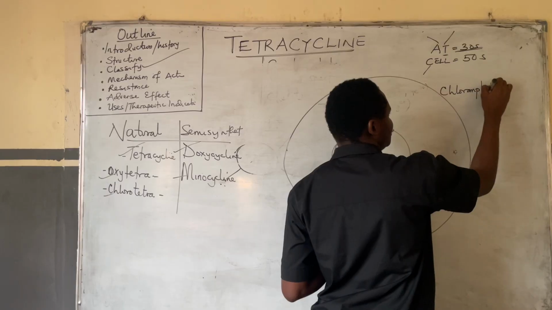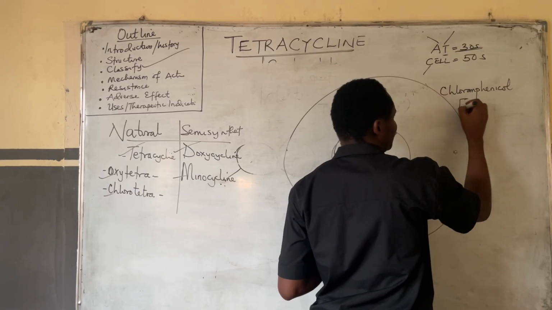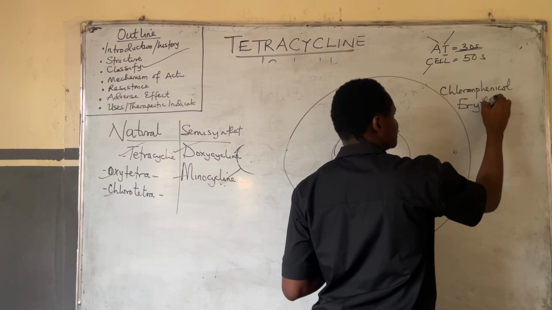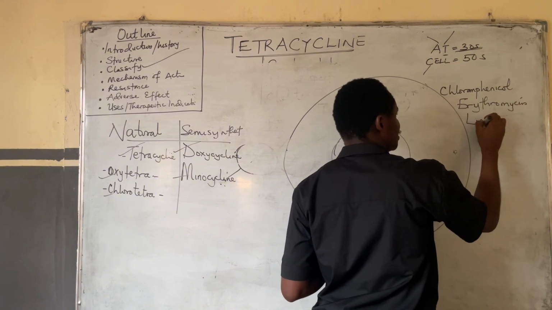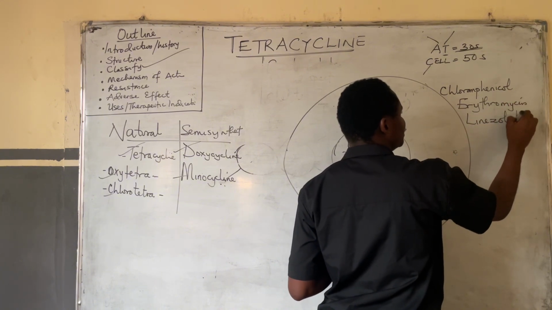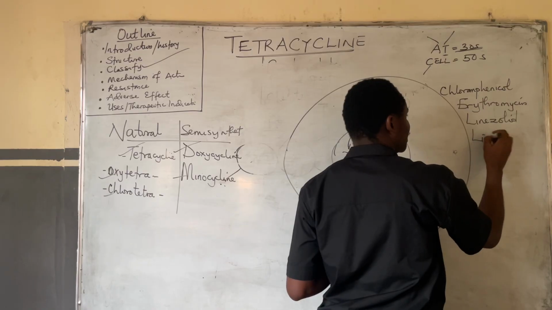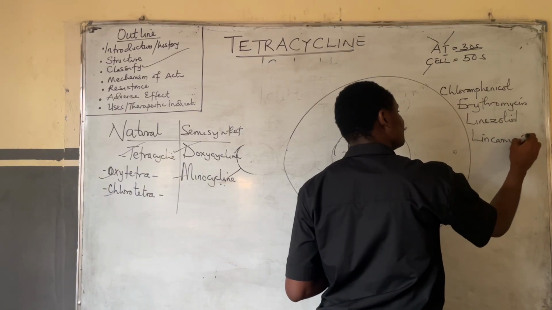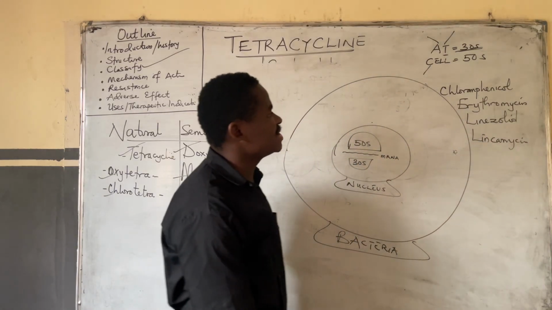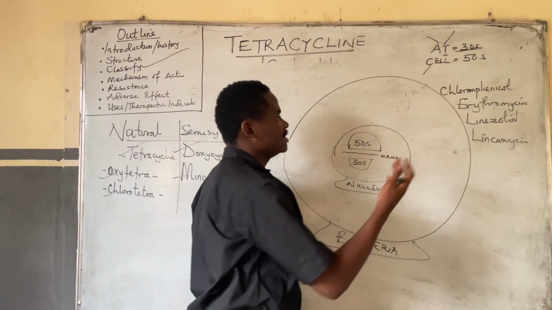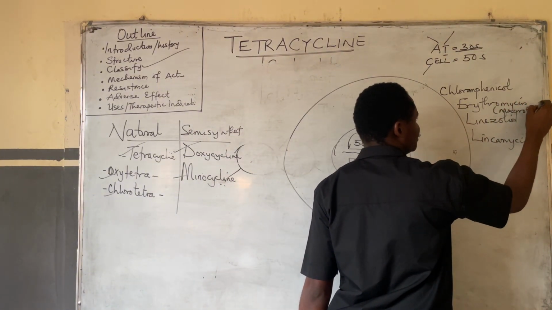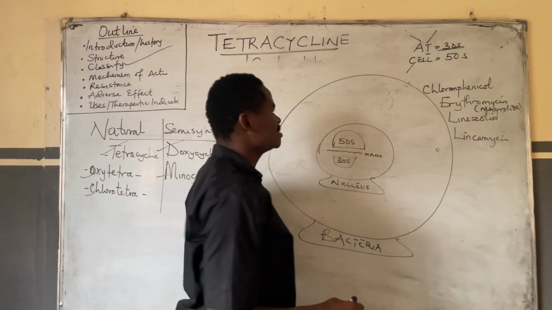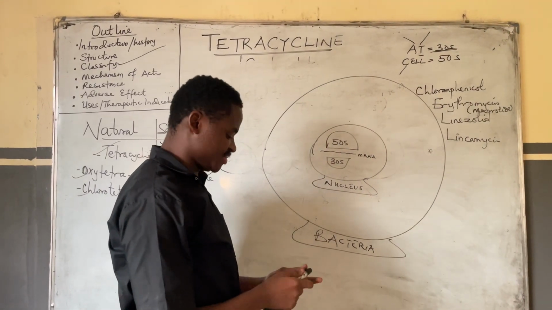E was erythromycin, also called macrolide. L was linezolid, and L was lincomycin. If you see the video that has been done already, you can appreciate that. What we are discussing is tetracycline, which acts on 30S.